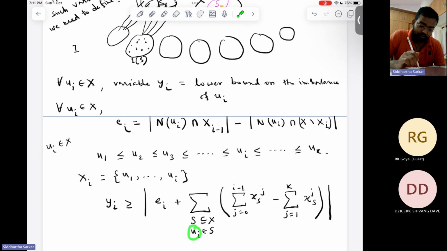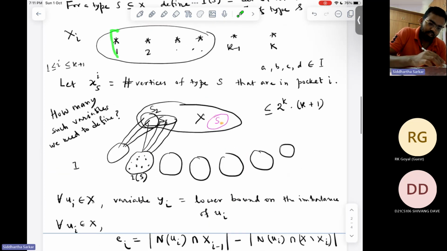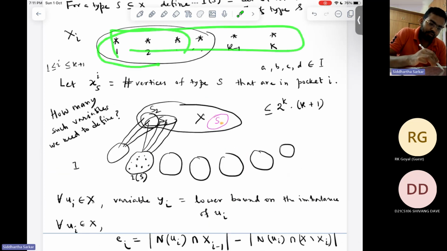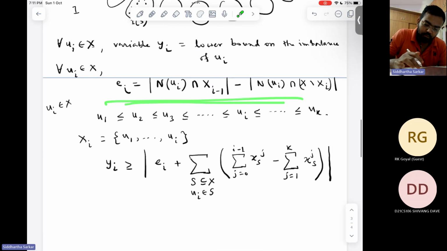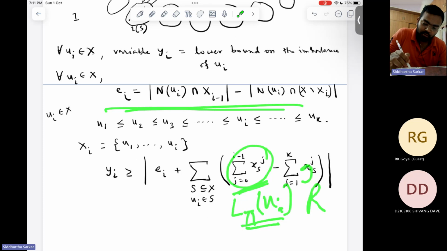So Ui is the ith vertex. Remember, Ui is the ith vertex in the order that we have decided for the vertex cover. So in this ordering, Ui is ith vertex. So all the vertices which are to the left of it that have received strictly less label than Ui, we are taking the sum of all those vertices. So this is the sort of L pi of Ui portion, and this one is the R pi of Ui portion. Correct.